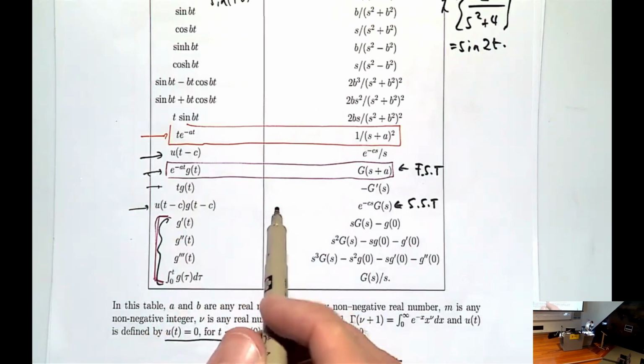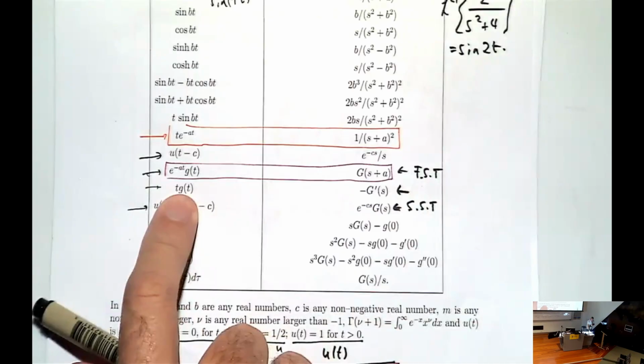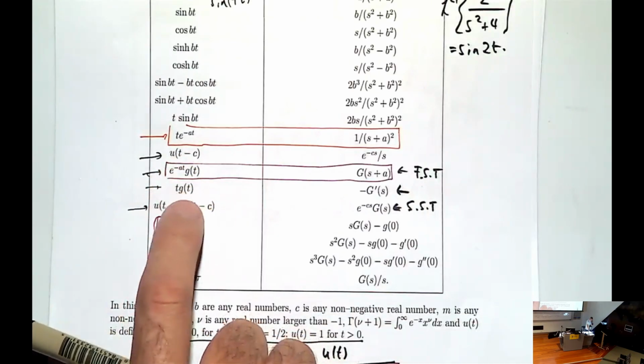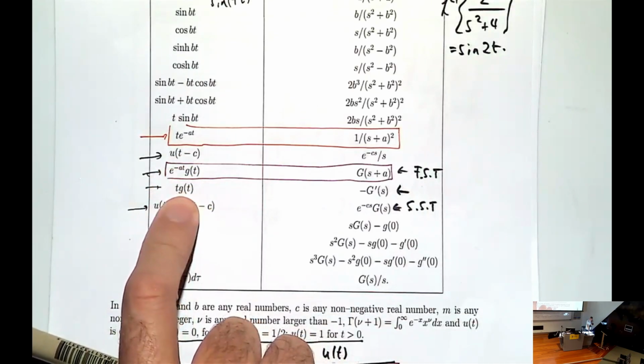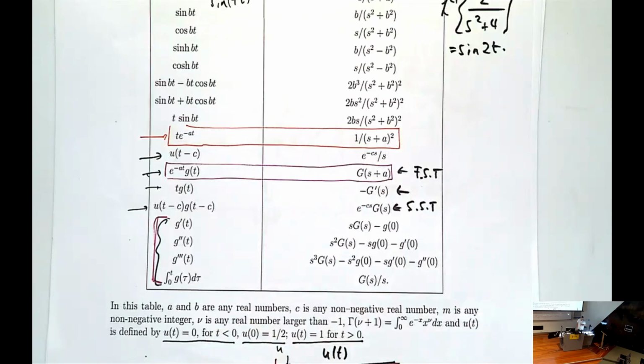Let's look at this one. Okay, this is saying, I'll have a look at this in a minute. If you have t times a function and you transform it, it's the negative of the derivative of the transform. Let me say that again. It's the negative of the derivative of the transform.